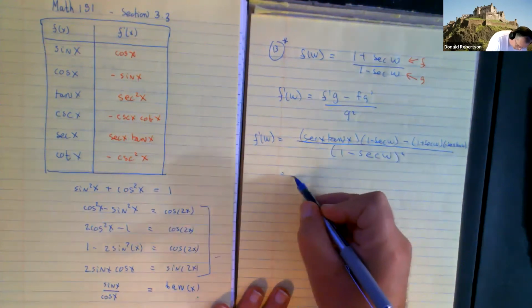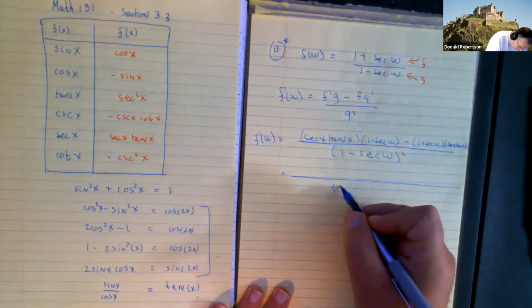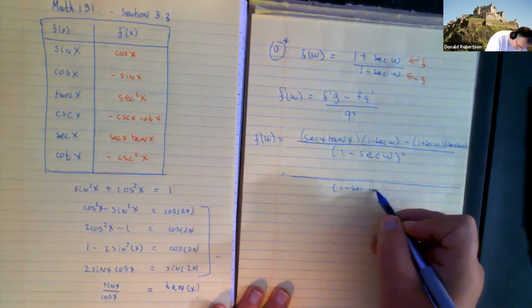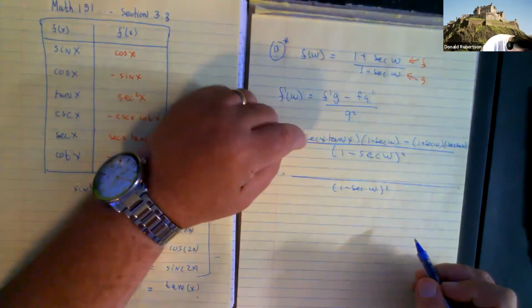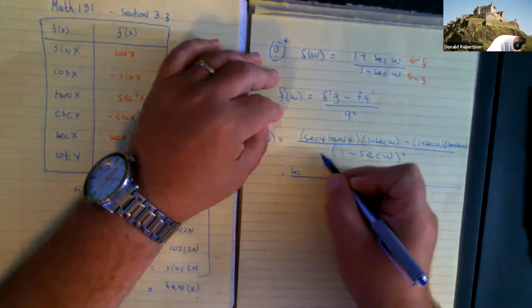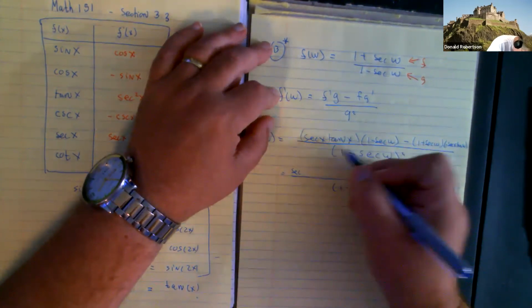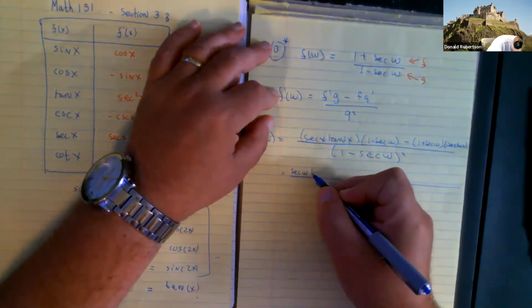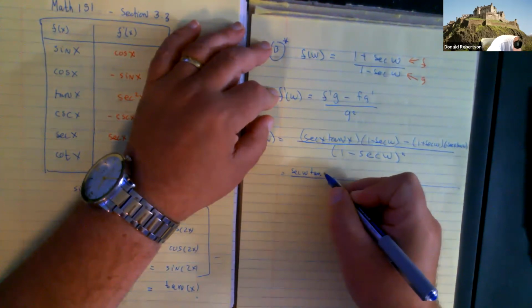Multiply this out, which basically means foiling it all. Well, distribute, I should say. Secant tan. Everything should be a W, but for some reason I'm picking up X's through bad habits.